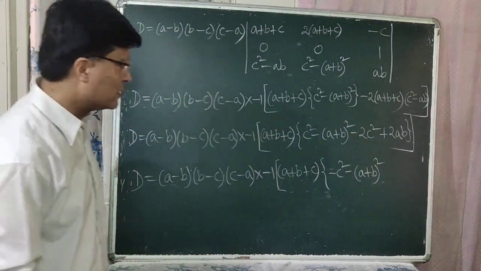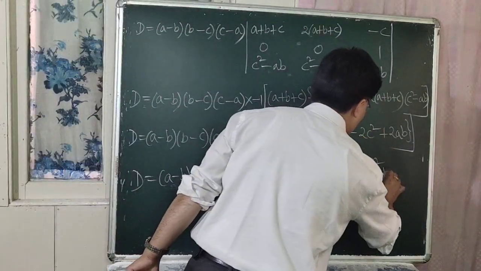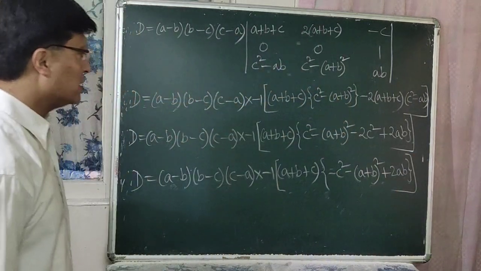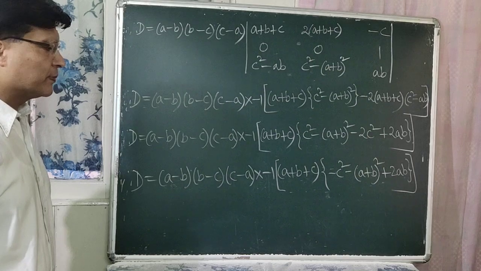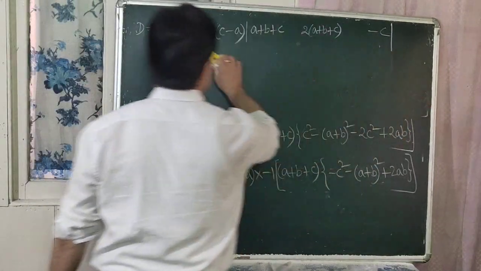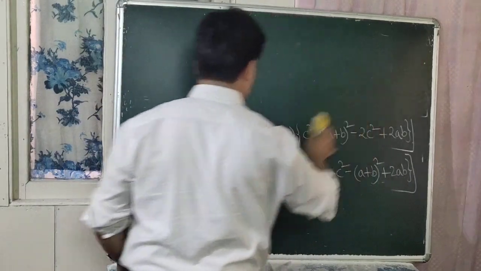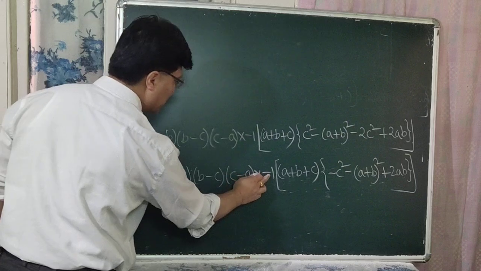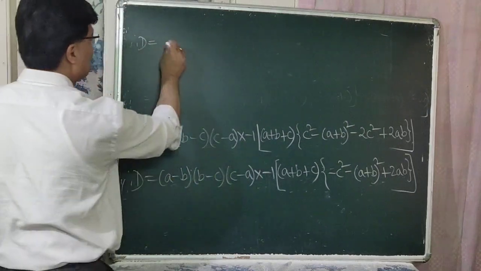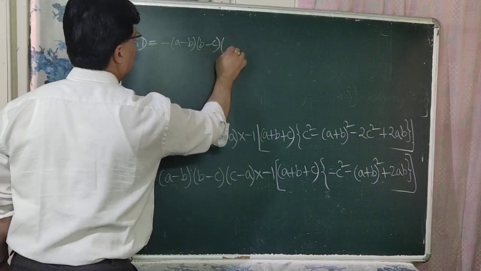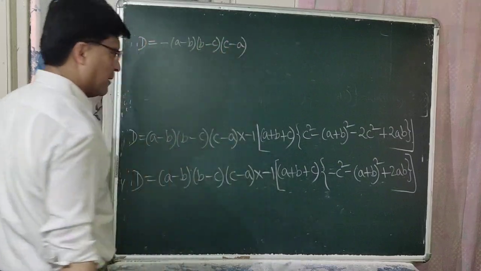Minus (a plus b) whole square then plus twice ab, second bracket closed, then third bracket is also closed. Is that clear now? Now let us simplify it again. Therefore D is equal to, let us write down this minus sign in the front. Minus (a minus b)(b minus c)(c minus a), right?